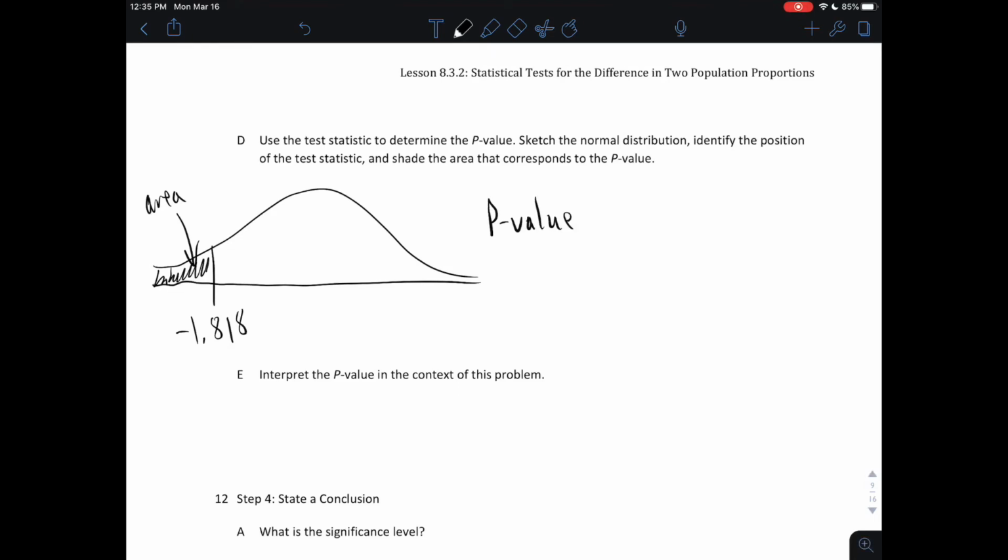So our p-value, we're going to use normal CDF. And since we have a left-tailed test, our lower z-score is negative 1E99, and our upper z-score is negative 1.818. And if we use our calculator for that, we're going to end up getting approximately 0.034.